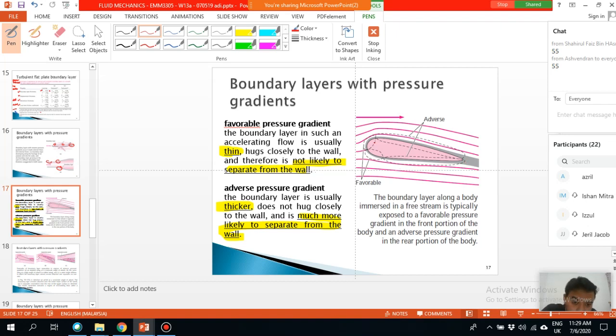But the adverse is thicker and much more likely to separate from the wall. There is another adverse pressure gradient, which happens far from the wall. Another one is favorable pressure gradient at the wall.